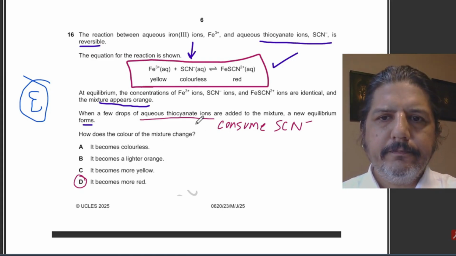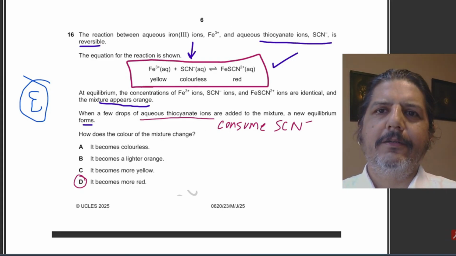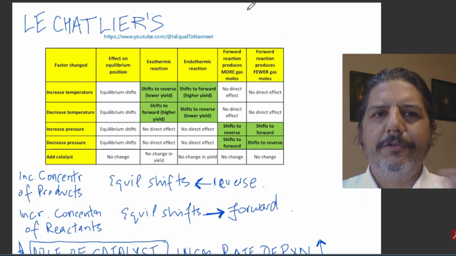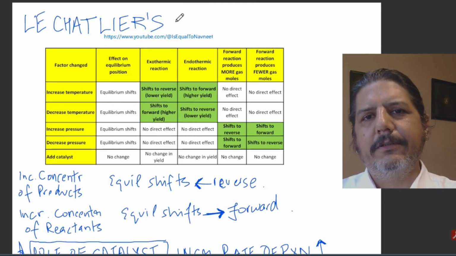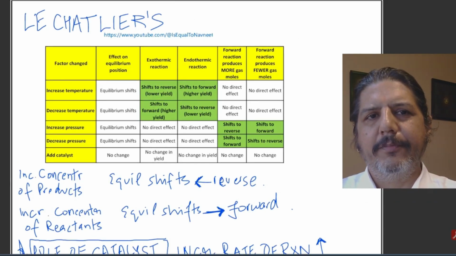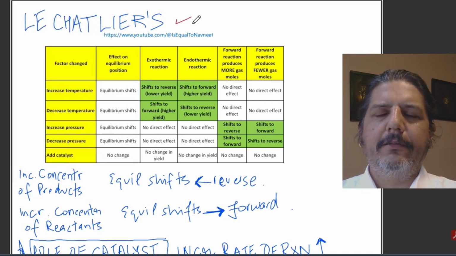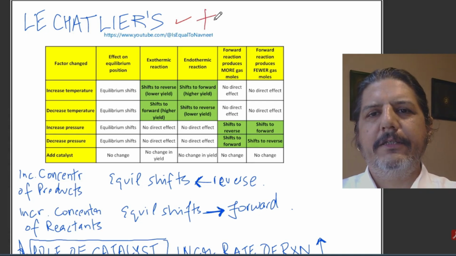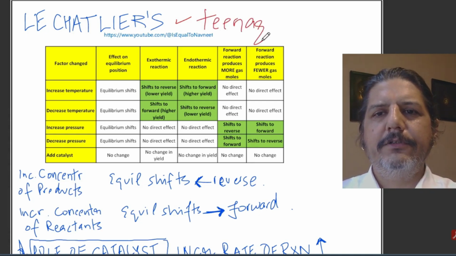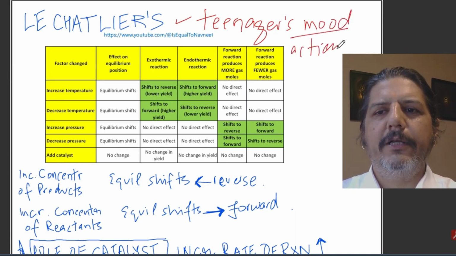The guiding principle behind the whole of this chapter is Le Chatelier's principle. Now you would have read this in the chapter. Basically, how I understand it is that this principle is like a teenager's mood or a teenager's action. This is how I remember it.